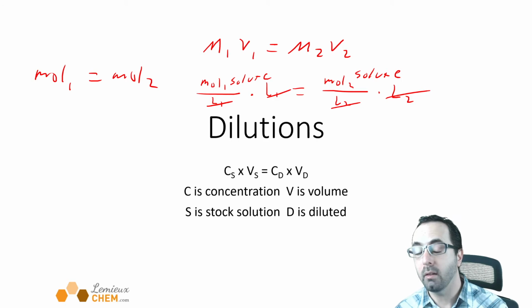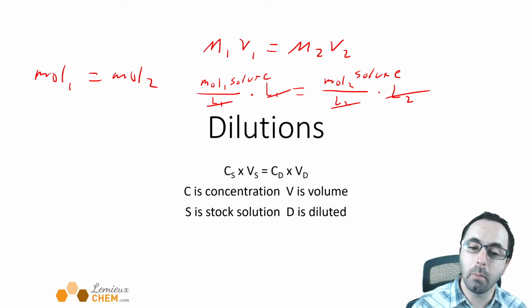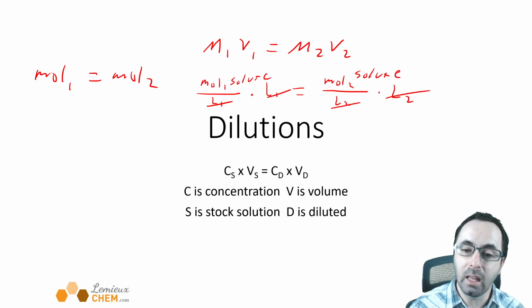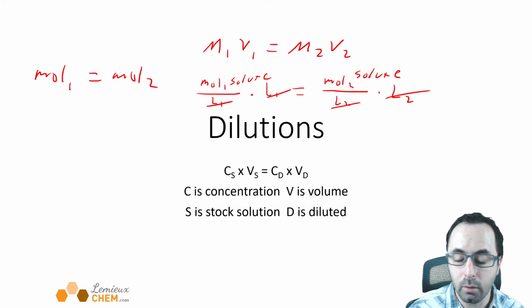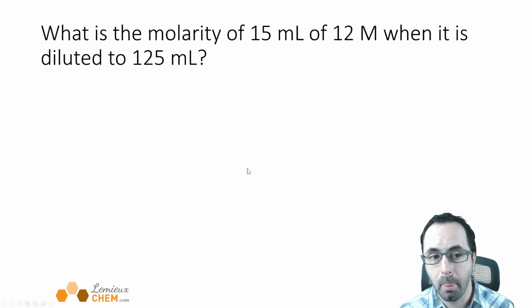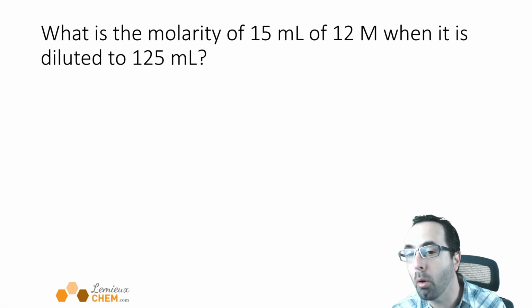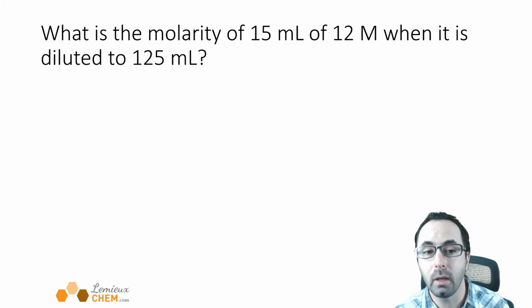It's because you're not adding any more solute. So a very important thing about using this equation is that it only works when you're doing a dilution. So let's look at a problem right now. What is the molarity of 15 milliliters of a 12 molar solution when it is diluted to 125 milliliters?